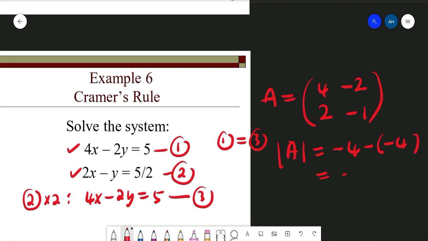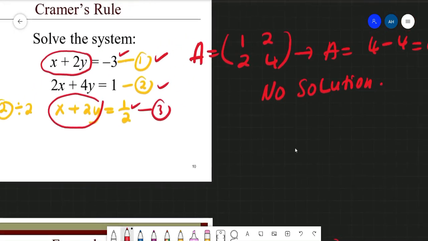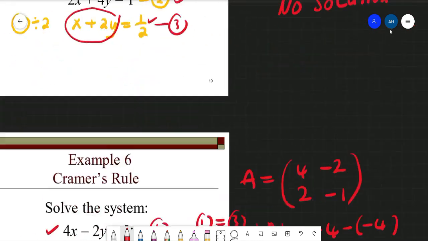We have negative 4 plus 4 is equal to 0. We already know, because these lines are overlapping, this is the case where we have IMS, that is infinitely many solutions, and we have the determinant of A equal to 0. For the case where we have no solution also, the determinant is equal to 0.